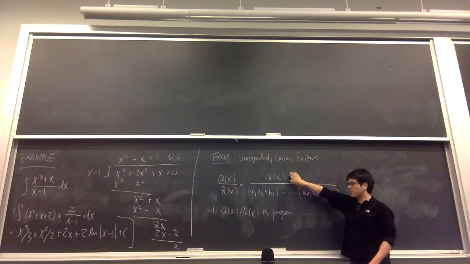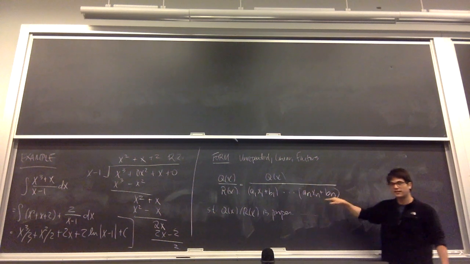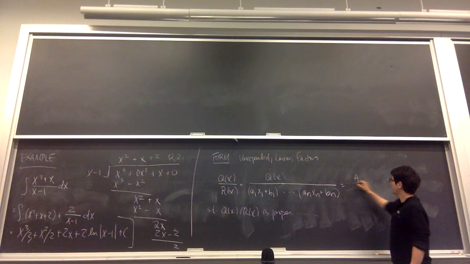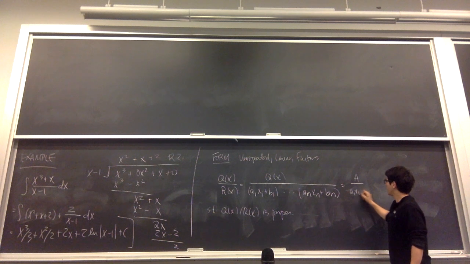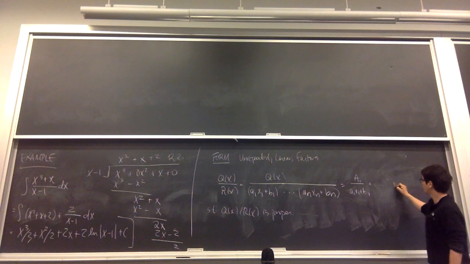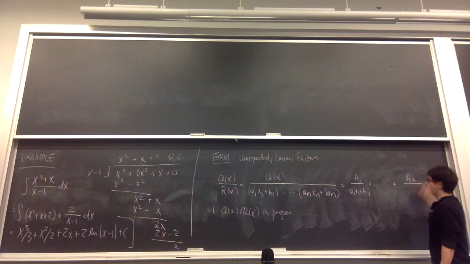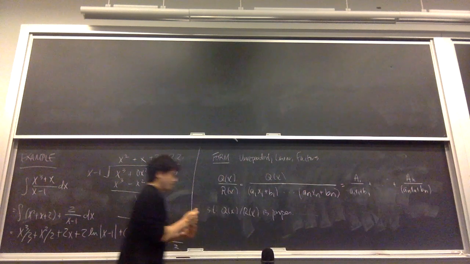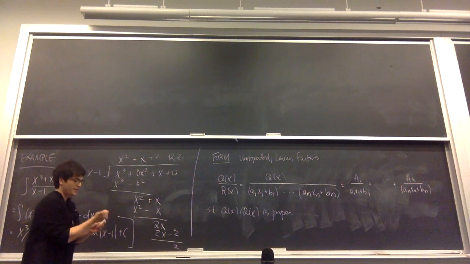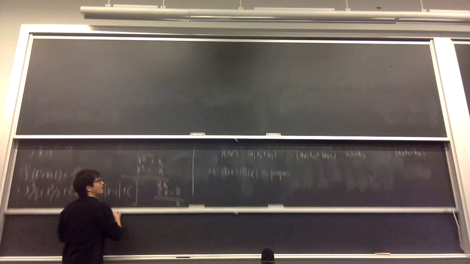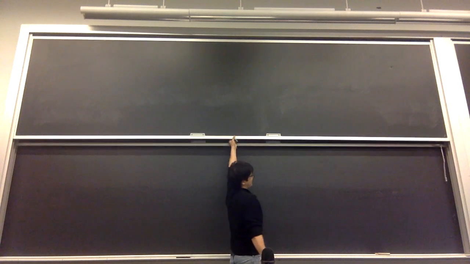If you have q of x over a product of linear terms, you're going to generate the following form. A1 over a1 x plus b1, plus all the way through An over an x plus bn. Right? It will be easier to understand this on a real example. I'm sort of obligated to give you the general form. Okay, so the first form we're going to deal with are these non-repeated linear factors in the denominator.